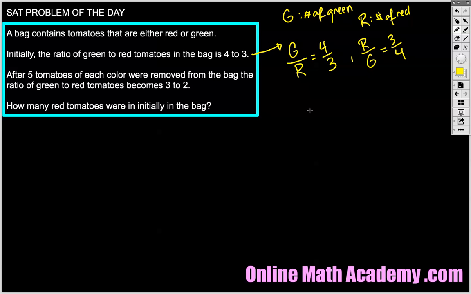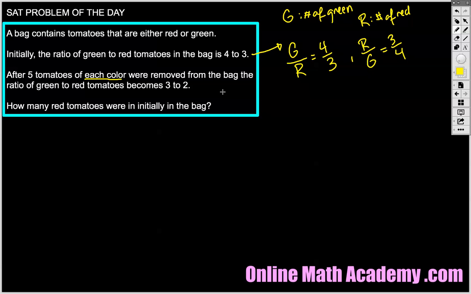What else does the problem give us? It tells us after 5 tomatoes of each color were removed from the bag, the ratio of green to red tomatoes becomes 3:2. So you have to subtract 5 from both G and R. G is the number of green tomatoes, R is the number of red tomatoes.